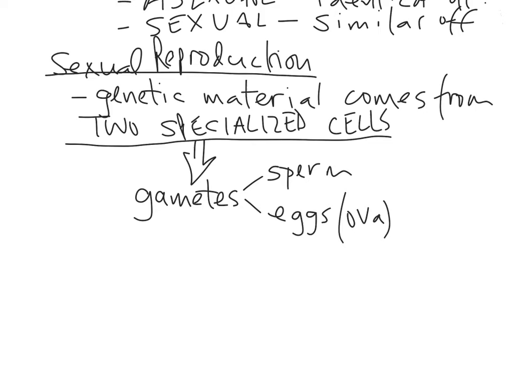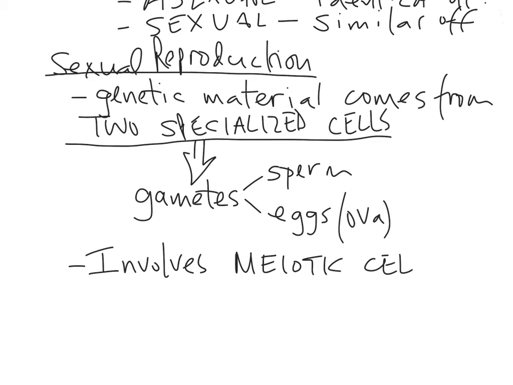Gametes are special because they are produced by a special type of reproduction, called meiosis, or meiotic cell division. So sexual reproduction involves meiotic cell division, also known as meiosis.